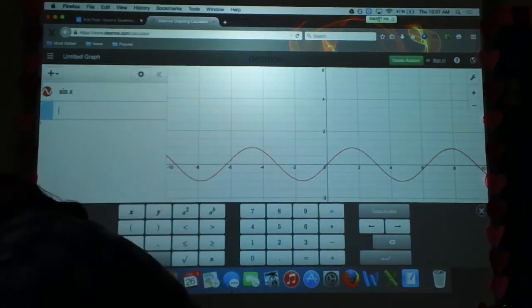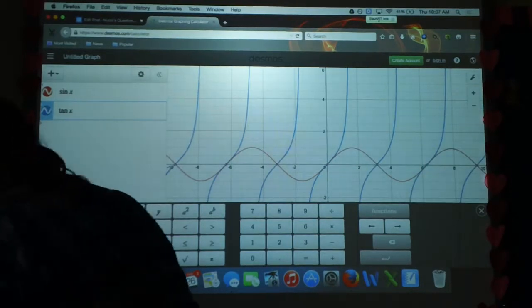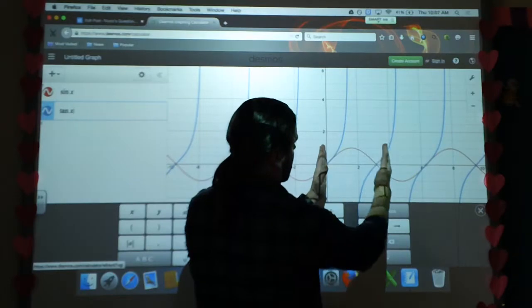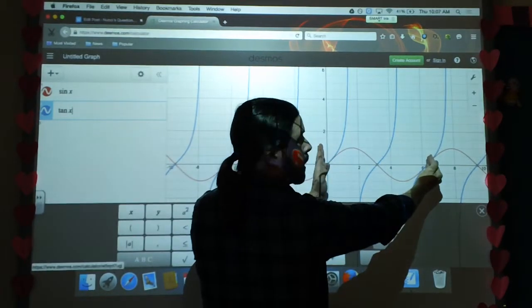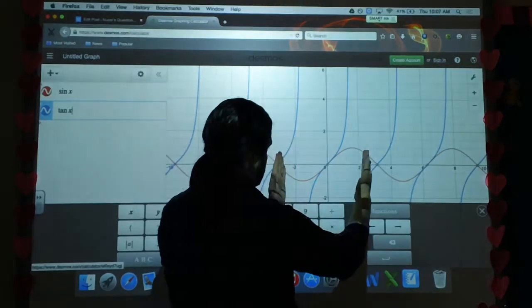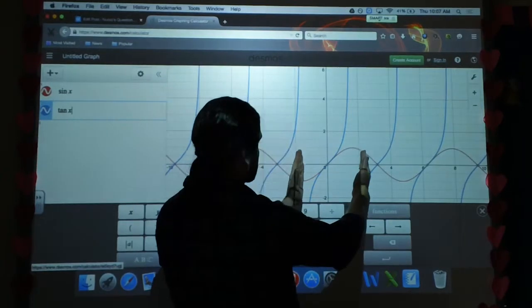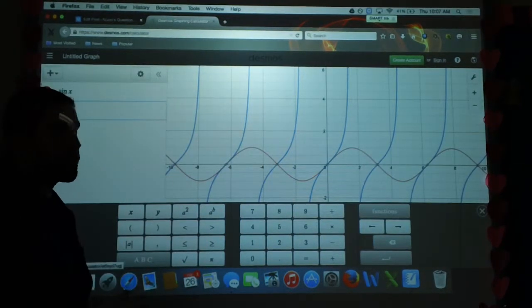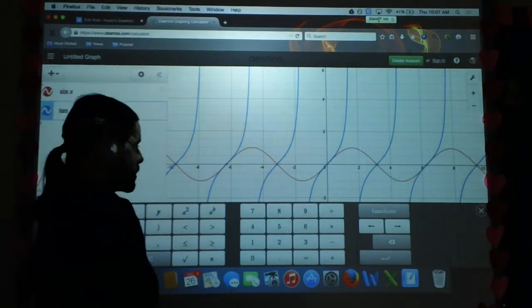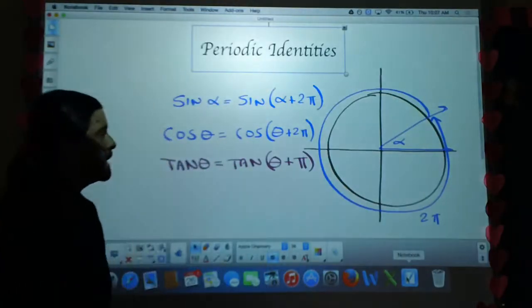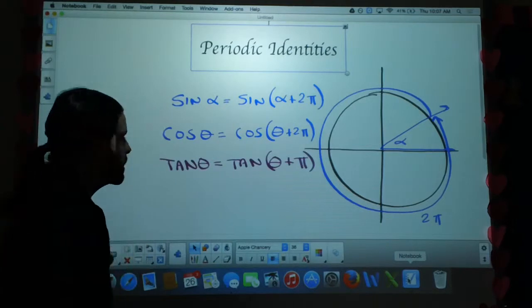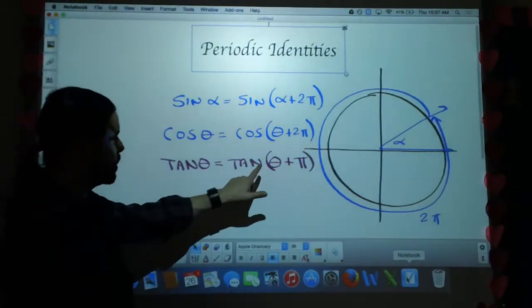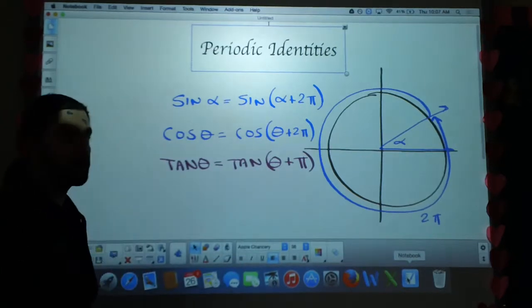But if I put on tangent of x, it repeats not every time around the circle, but really every half a circle. From here to here is half a circle. So that's only pi. So the period of the tangent graph is pi. And as such, the whole pattern repeats every half a circle. And so the periodic identity for this one is not 2 pi, it's just pi.